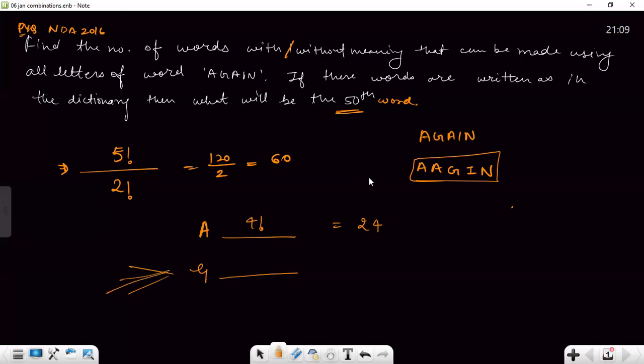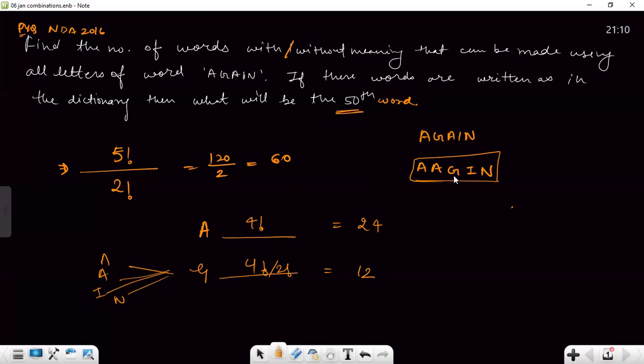And 4 letters: A, G is already used, so A, I, N. Out of these 4 letters, there is something unique here. That A is getting repeated twice. So you'll have to divide 4 factorial by 2 factorial to find the total number of arrangements. So 24 by 2 becomes 12. Okay, 24 and 12 makes 36. But we have to go to the 50th word.